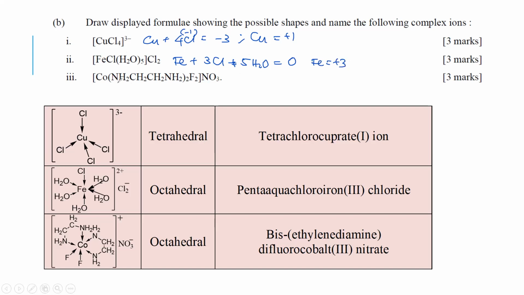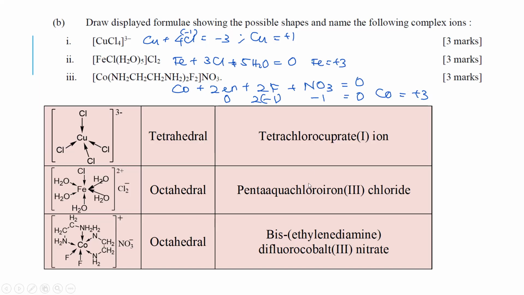And then for Co(en)2F2 NO3, Co plus 2en plus 2F plus NO3- is equals to 0. So en is 0, F is -1, NO3 is also -1. So Co is equals to +3 also.